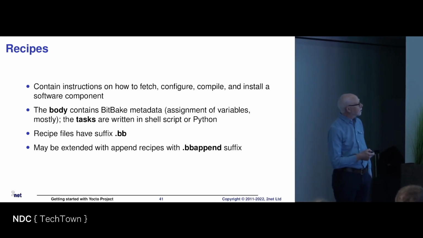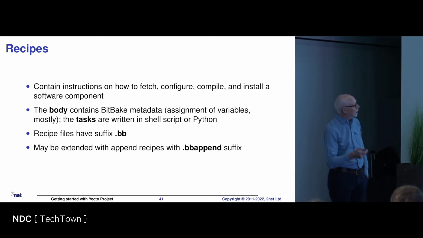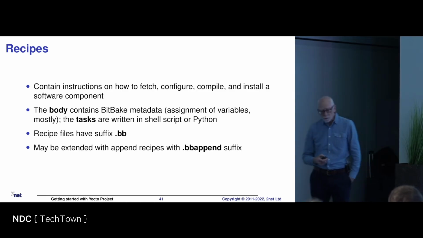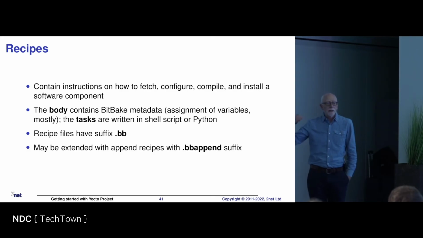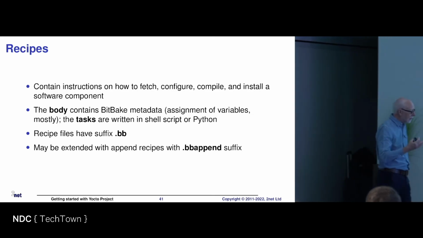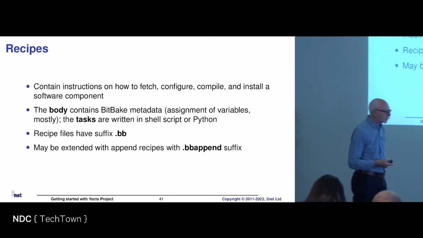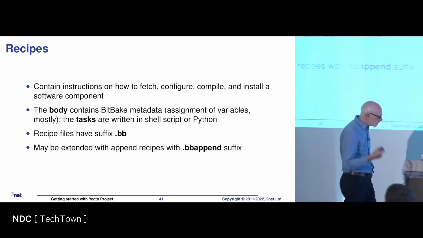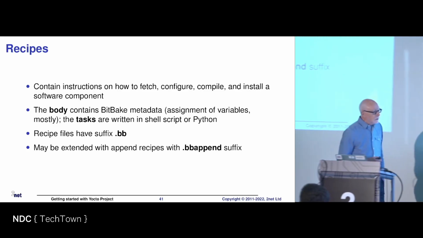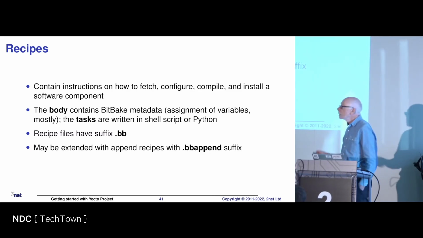And tasks are called things like do_compile or do_install or something. Generally speaking, you don't need to specify every single task in every recipe because you will inherit behavior from BitBake, which will fill in most of the tasks with defaults. So you just need to add in overrides for the things that are special for your recipe.